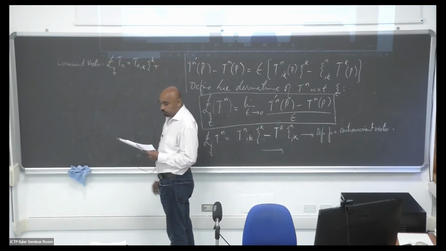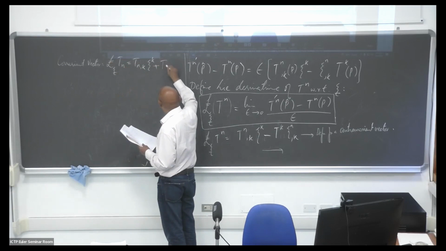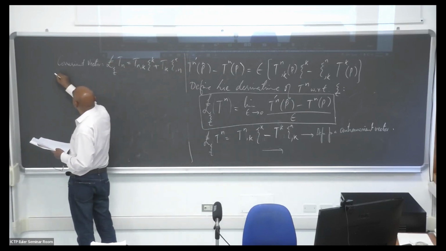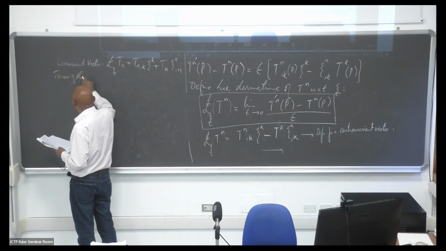Now this will be a plus sign. That is the only difference. xi^k_{,n} T_k. And it's a tensor of rank 2.